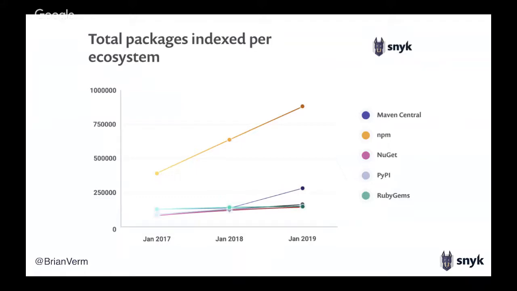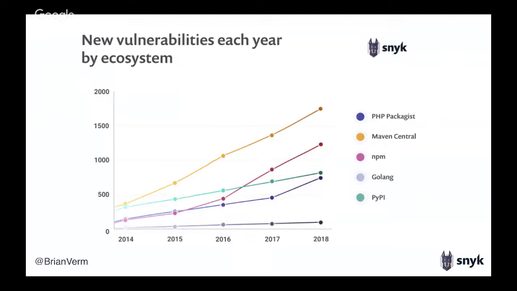It's over 100,000 packages. And if we look at the new vulnerabilities each year by ecosystem, sorry to say, but we are the clear winner. If we take Maven Central as our prime suspect, you see that a lot of new vulnerabilities come up each year, and this number is rising.